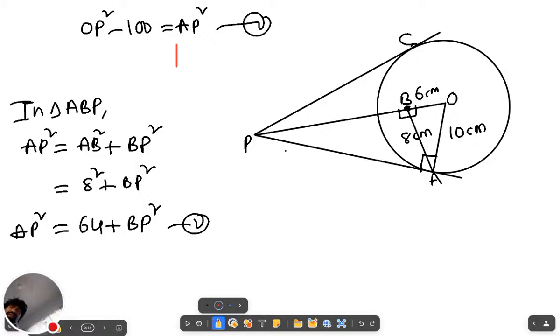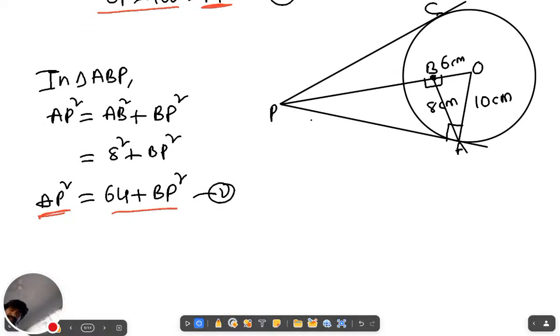From equations 1 and 2, what is common? Here we have AP square, here we have AP square. So from equations 1 and 2 we can write: what is the LHS of equation 1?